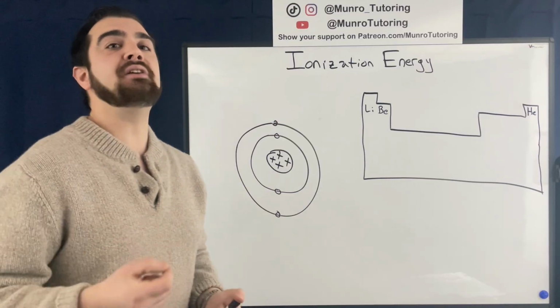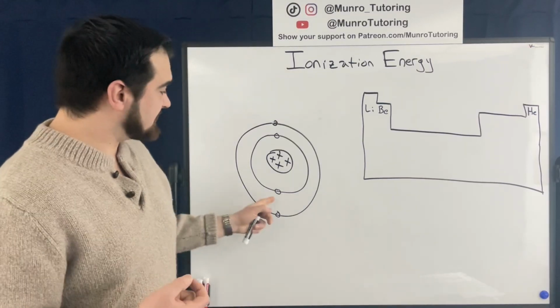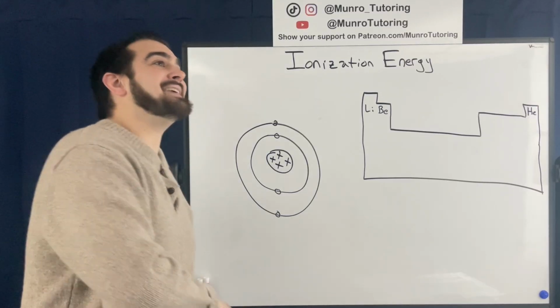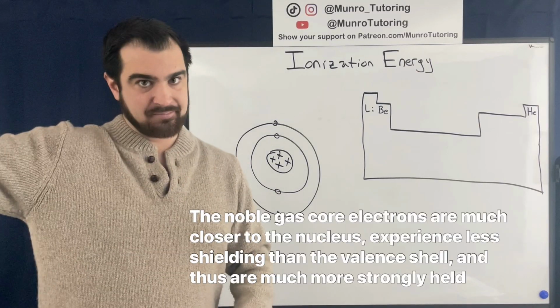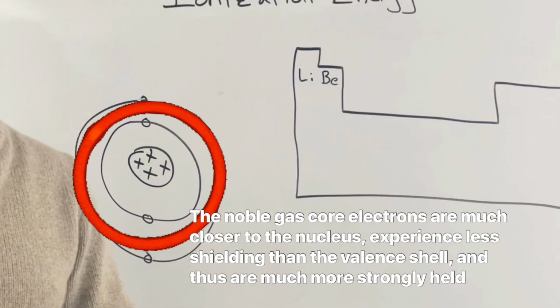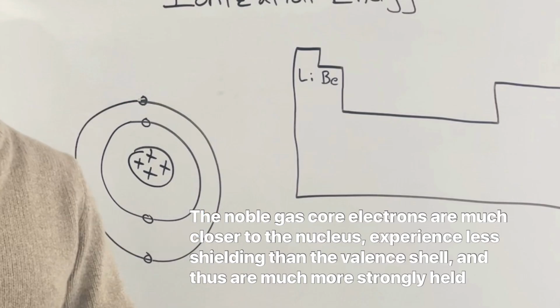And so removing the next electron, the third one from the third ionization energy, is going to be an even higher jump. This higher jump comes from the fact that the noble gas core electrons are closer to the nucleus than the valence shell. So these electrons are more tightly bound to the nucleus and do not have the same shielding effect experienced as the valence shell electrons.